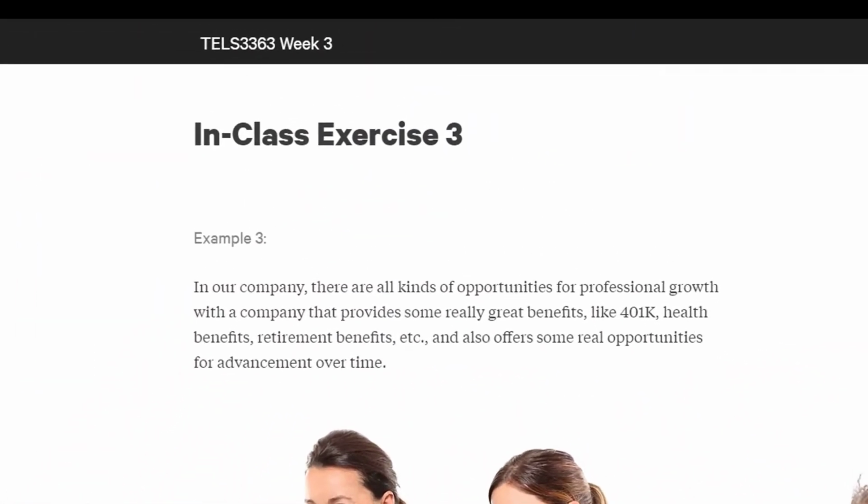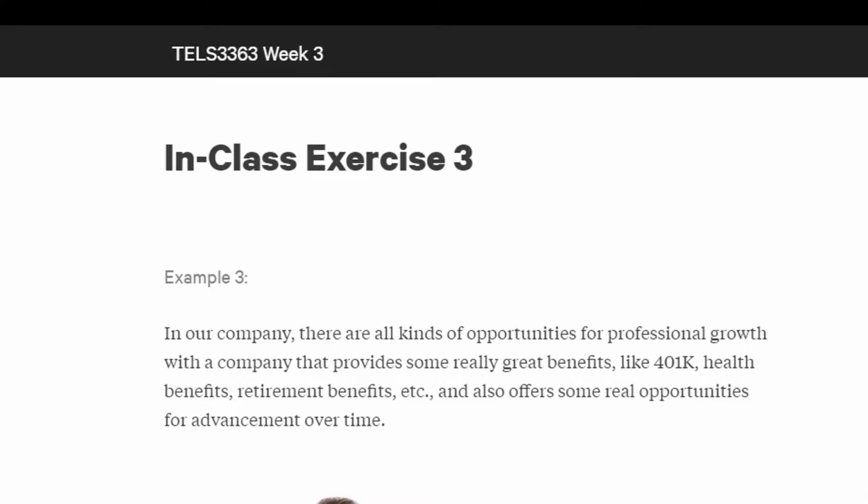Number 3, this one is really long. In our company, there are all kinds of opportunities for professional growth with a company that provides some really great benefits, like 401k, health benefits, retirement benefits, etc., and also offers some real opportunities for advancement over time. Okay, how much of that can you leave out? How much of that can you clear up? What's your suggestion for concision here?